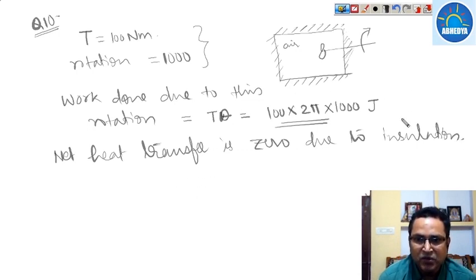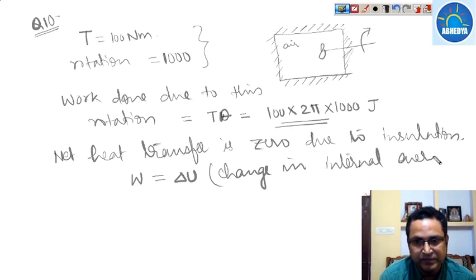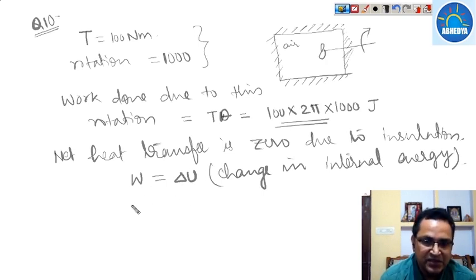So this amount of work which is being used for the stirring process will be consumed by the change in internal energy. So work done is nothing but the change in internal energy. So what is this delta U?